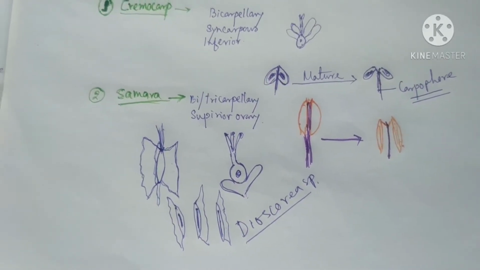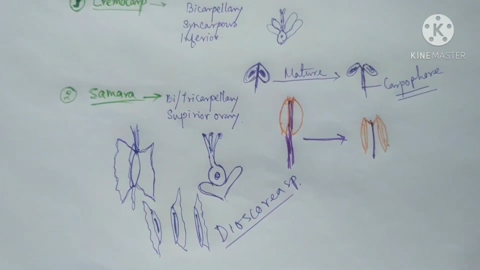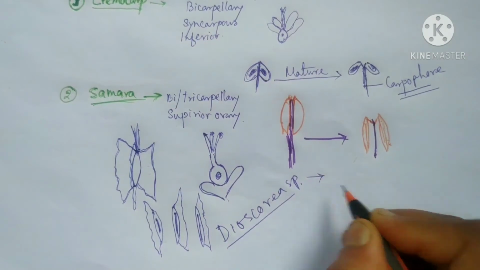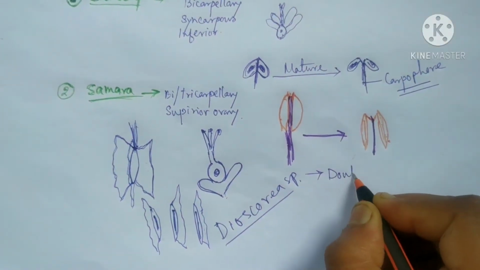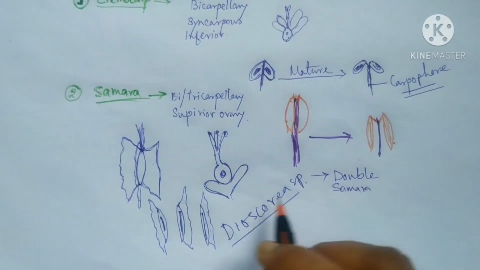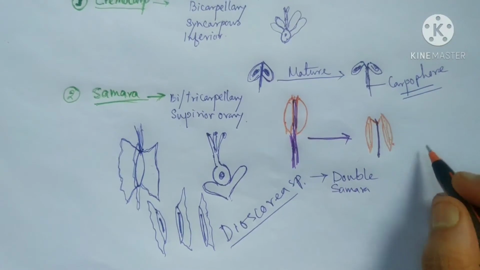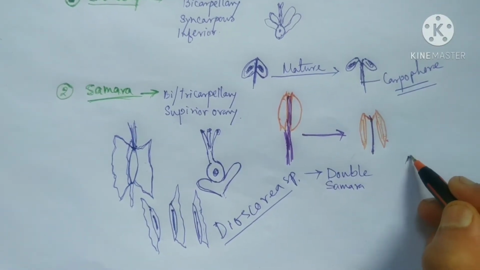In the case of double samara, this is also double samara. And we know the maple plant and maple seed.